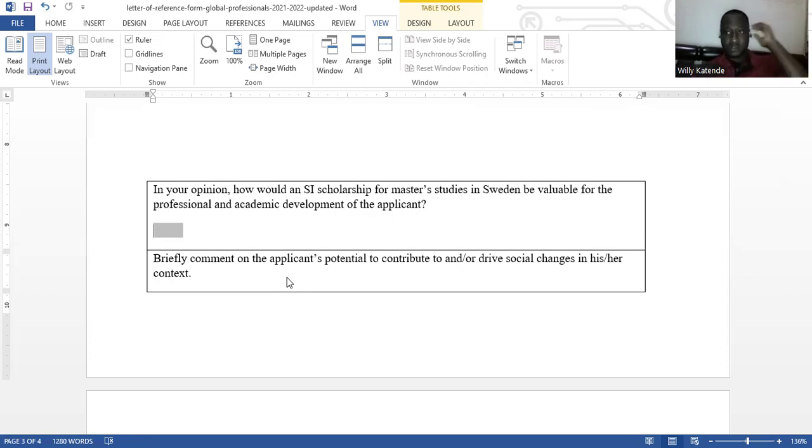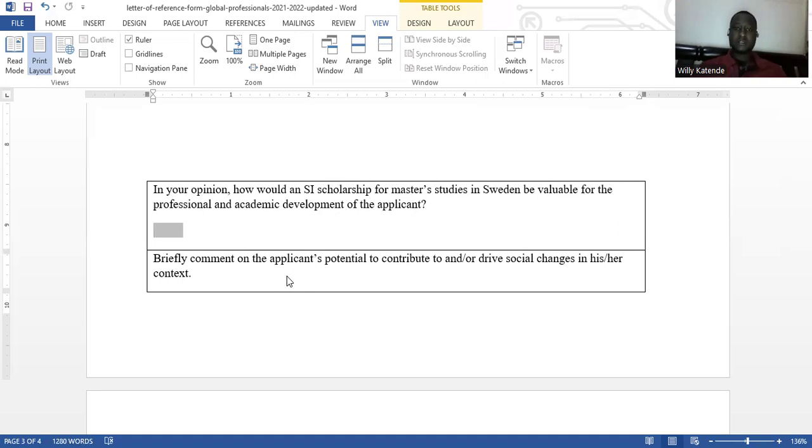First of all, if you start a master's degree, you're going to gain more knowledge. You're going to learn things that you didn't know. That is very important. You're going to meet international professionals from different parts of the world, from Europe, from Asia, from America. It's a mix of people from different spheres of life.